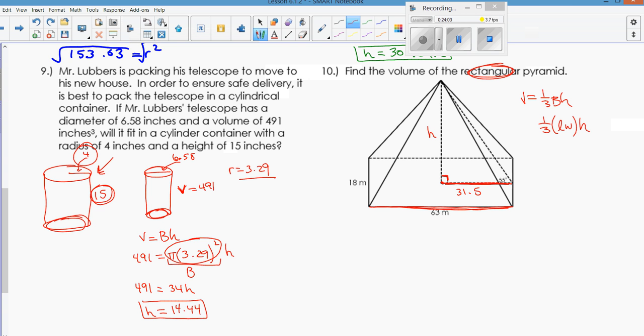Alright, so I'm going to use tangent of 55 degrees is equal to my height over 31.5, which tells me that my height is about 44.99 meters.